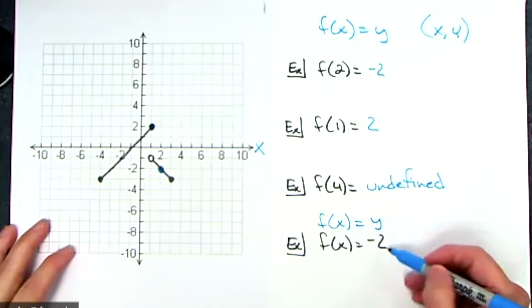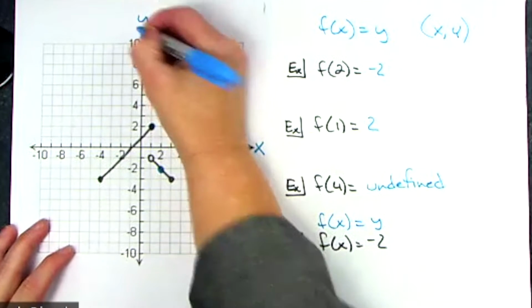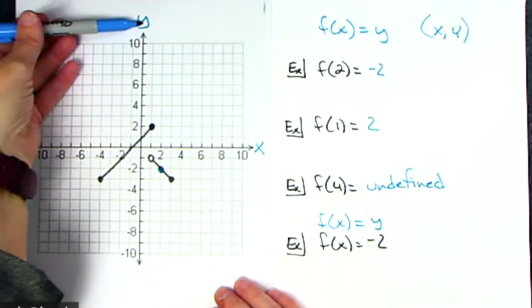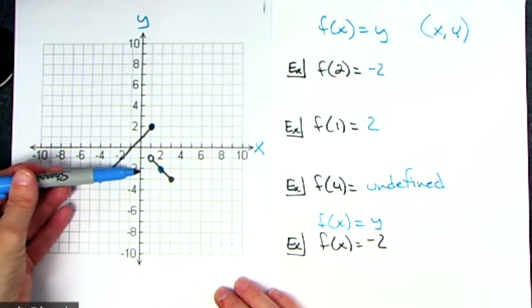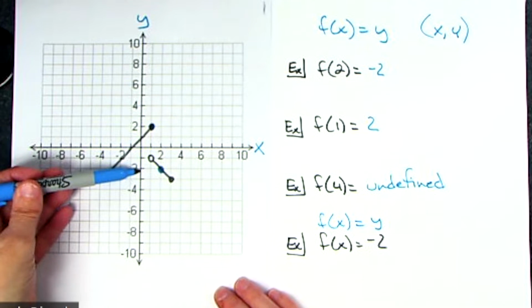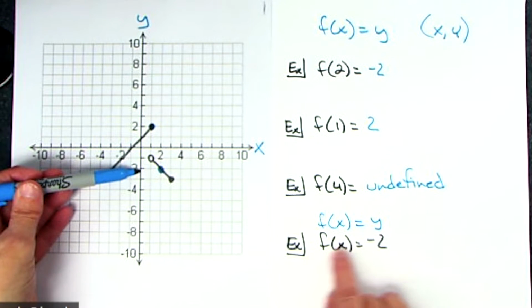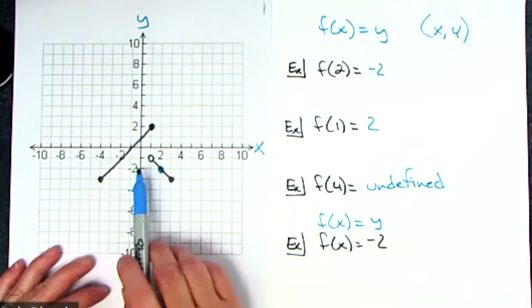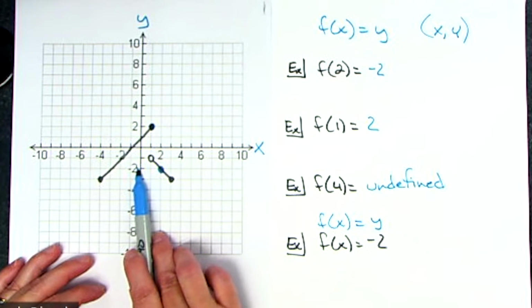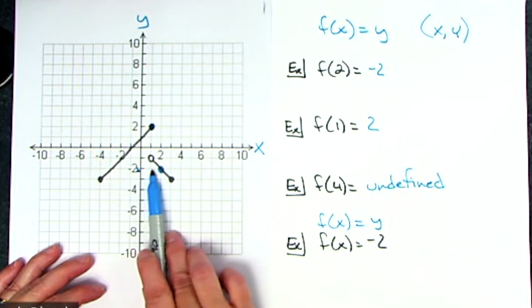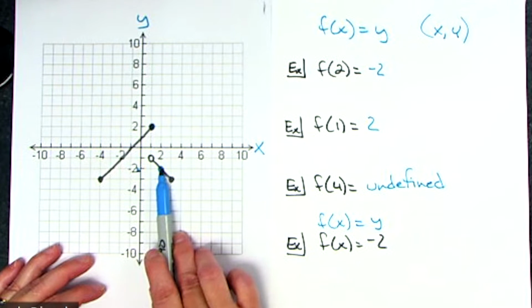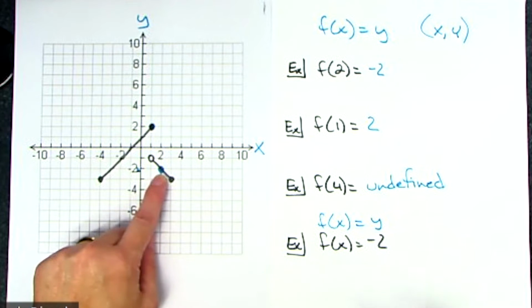Okay, so since this is a y value, and this is my y-axis, I'm going to go to my y-axis. I'm going to go to -2. Now I can't go up or down to hit the function because I'm thinking, yeah, think backwards. I need to go left or right. All right, so I can go to the right and get an x value of 2. So that's one possible answer.